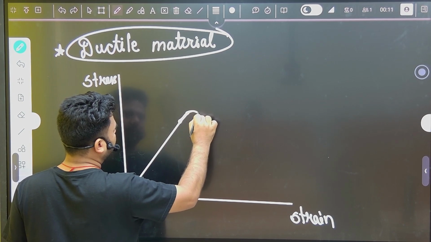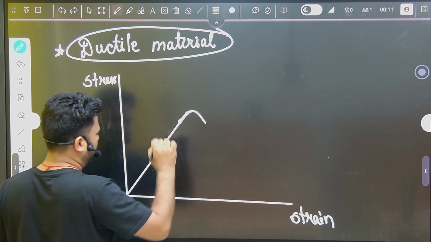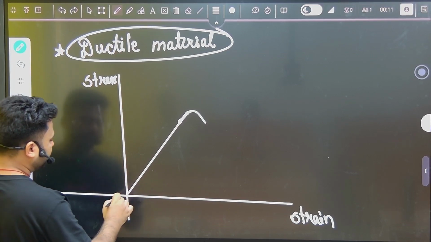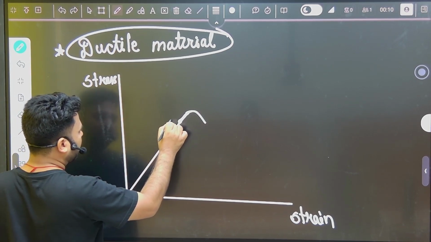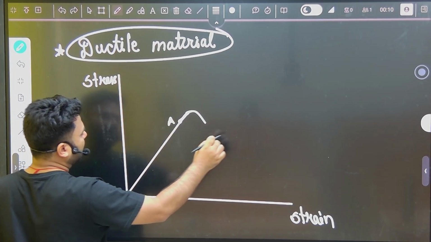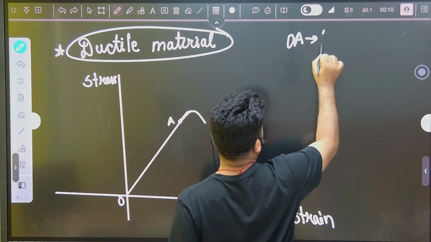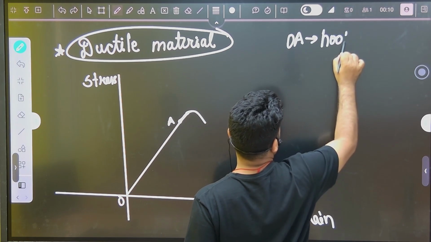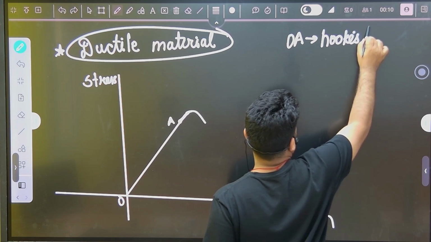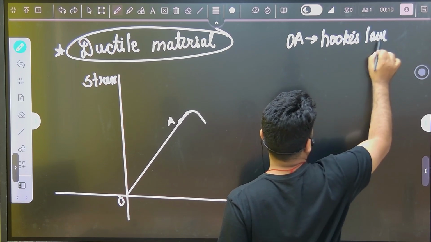The graph is like this. See, from O to A, Hooke's law is valid. I am writing O to A, Hooke's law is valid.